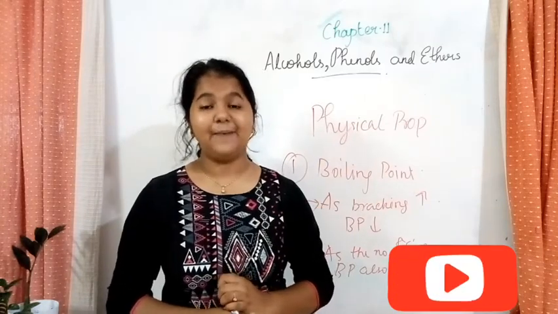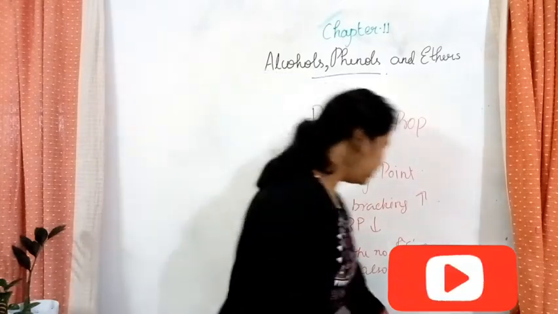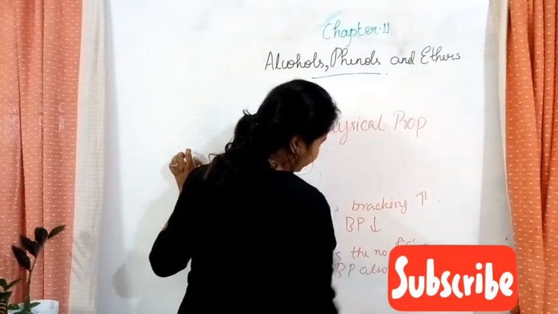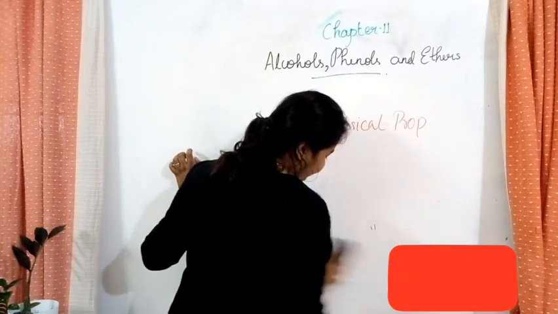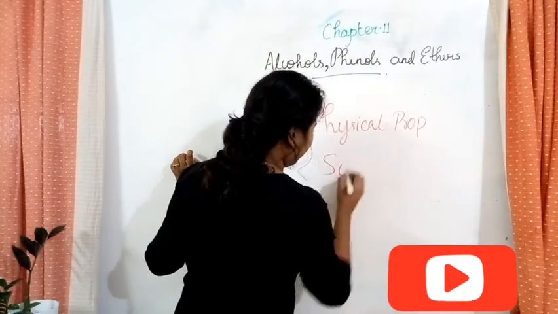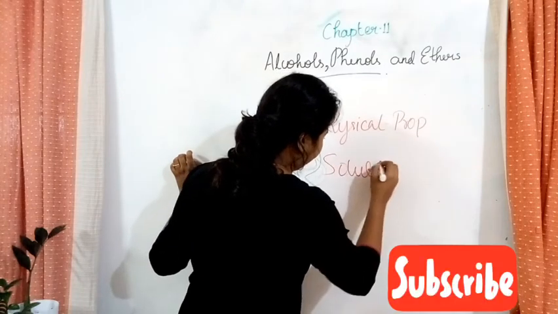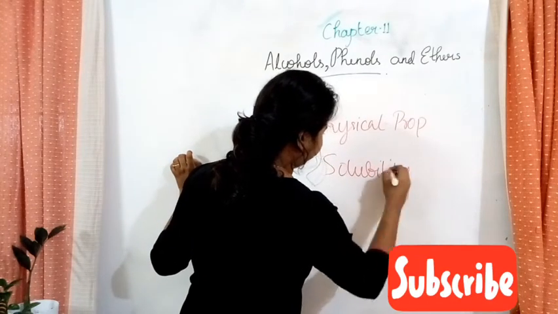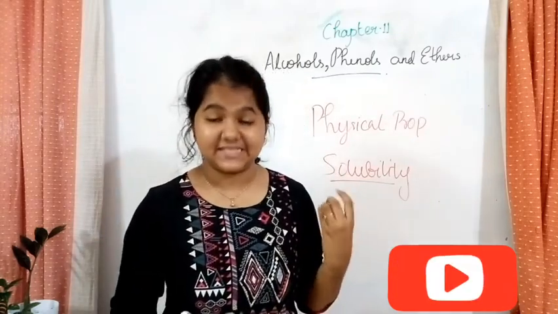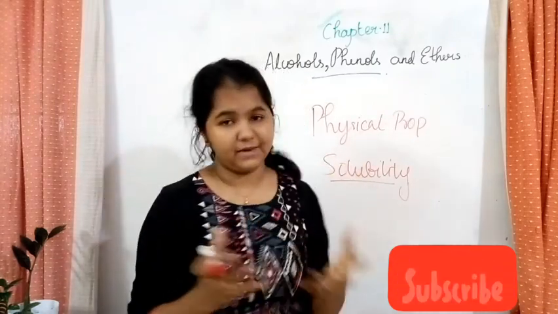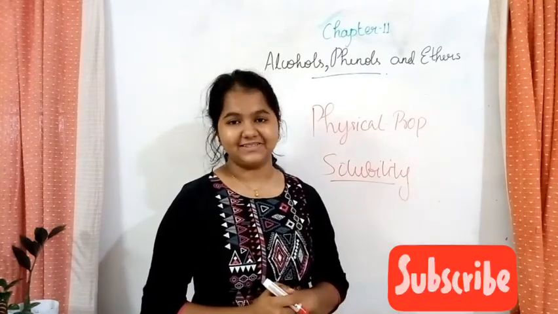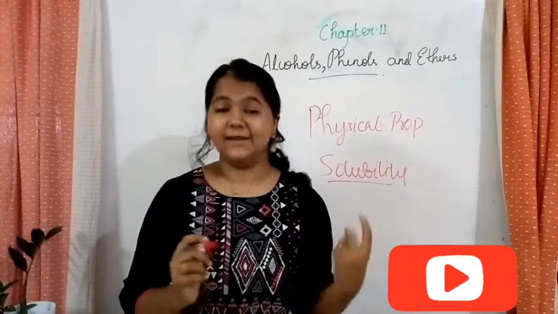Now let's see about the solubility. So what is solubility? Define solubility. Solubility is the amount of solute that can be dissolved in a given amount of solvent. That is the solubility. So let's see about the solubility of alcohols and phenols.